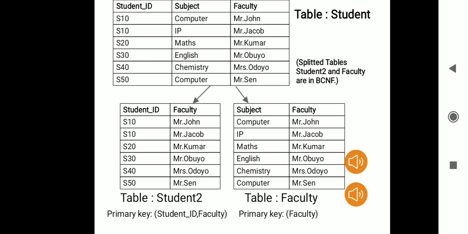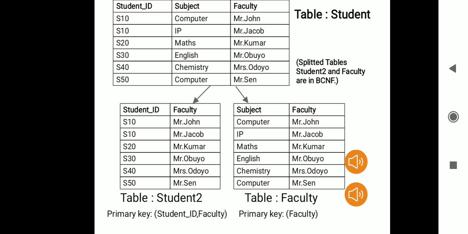But once the table student gets split into two different tables, which are student 2 and faculty, the attribute faculty becomes the primary key in the table faculty. That is why the attribute faculty becomes the key attribute, and it then determines the non-key attribute subject in the table faculty.